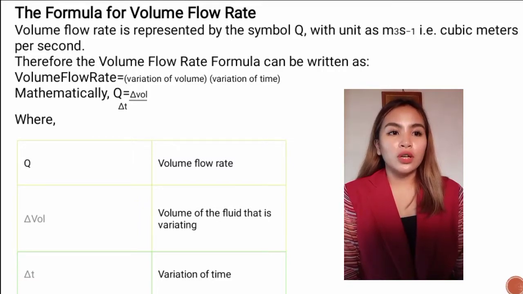Therefore, the volume flow rate formula can be written as Q equals variation of volume over variation of time, where Q is the volume flow rate, delta vol is the volume of the fluid that is varying, and delta T is the variation of time.